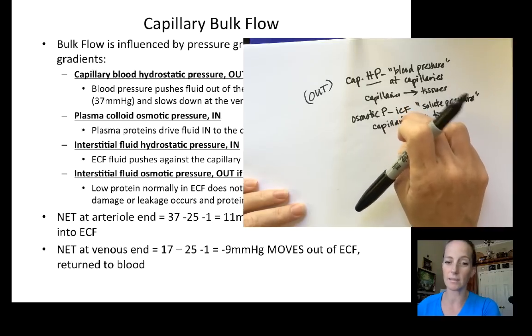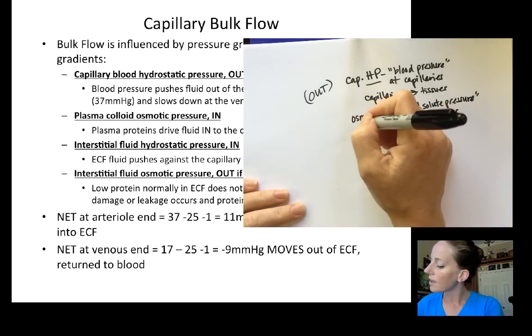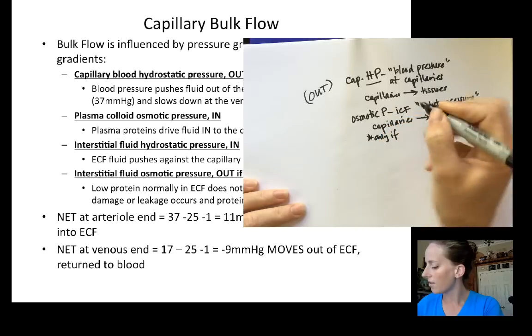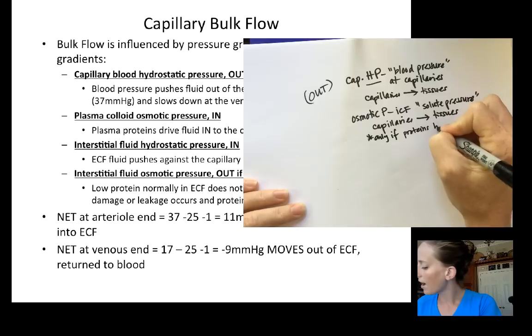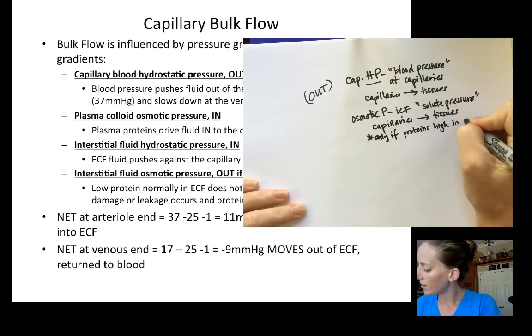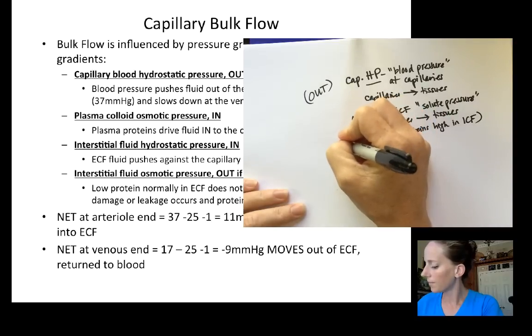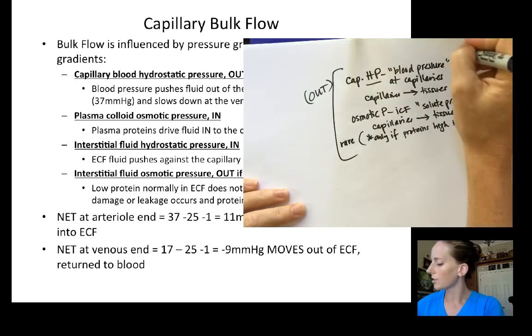Because the lymphatic system makes sure that the interstitial fluid is clean. So this out pressure is only if proteins are high in the interstitial fluid, and this is rare. So these are our out pressures.